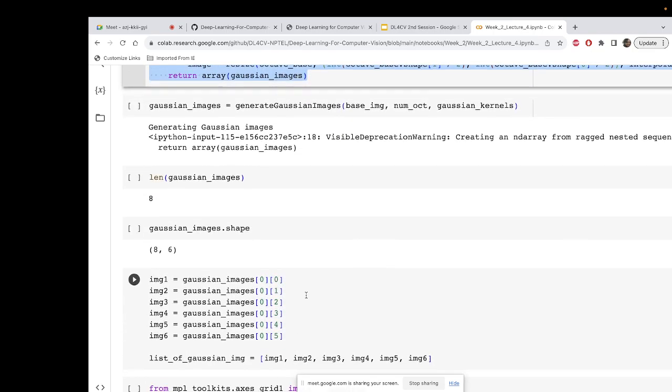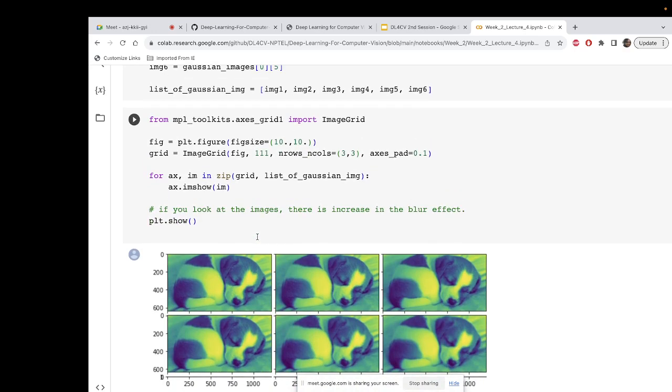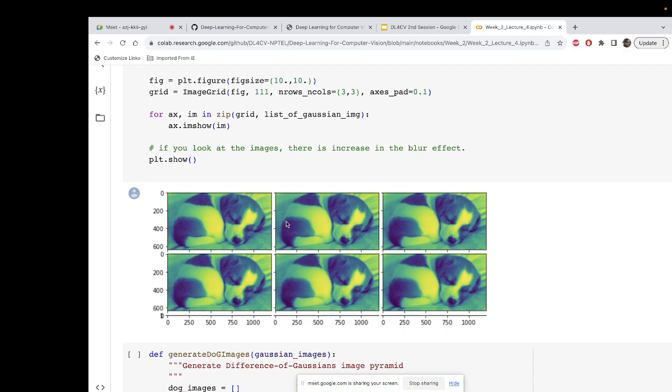For a given octave, these are the images that get generated. This is the original one. The second one is a little bit blurrier version of the original, this one is a little more blurry, and up to this one, which is much blurrier than all of these.